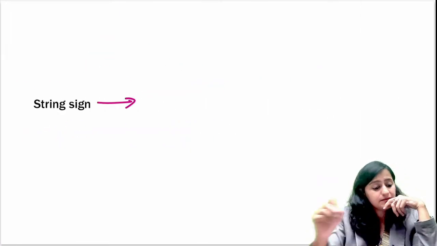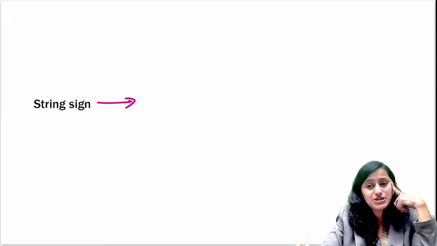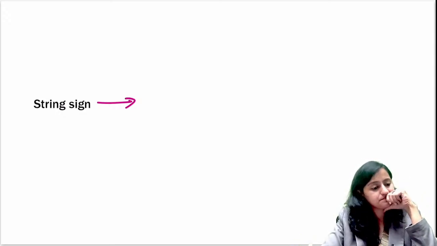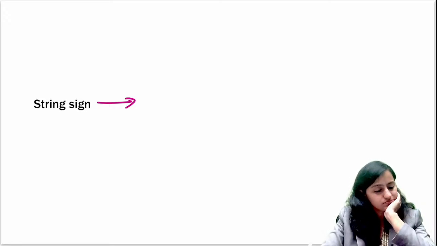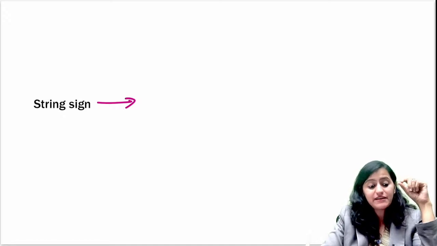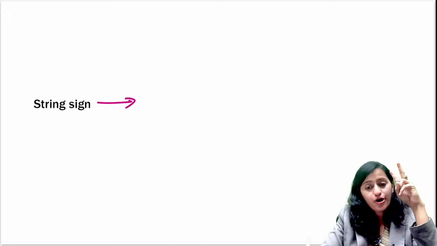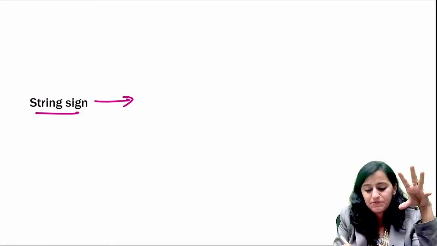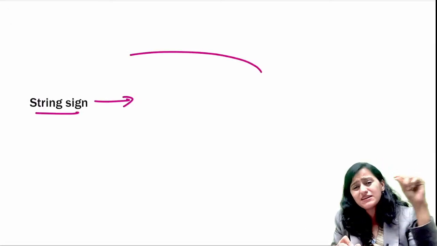String sign. Where do you have the string sign? No, so I am coming to that. CHPS will give the string sign or even TB or Crohn's. Now remember, in radiology, a string represents a narrow thread.